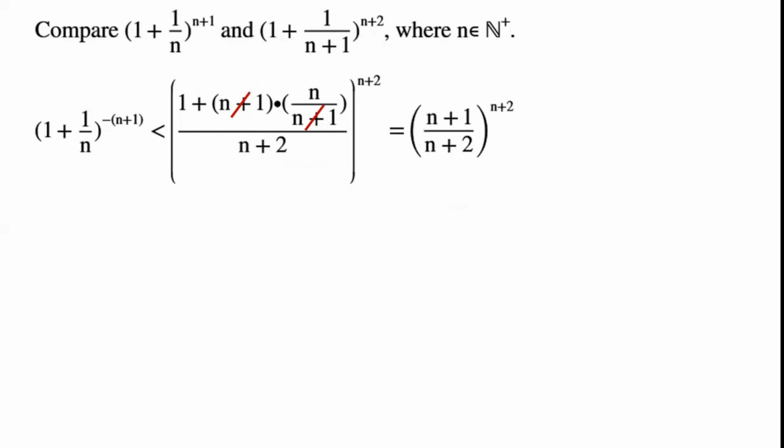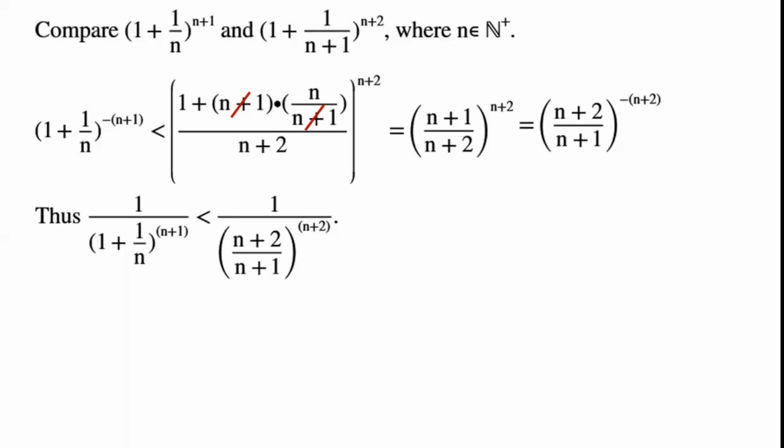So we can now write this equals ((n+1) over (n+2))^(n+2), which can be written as ((n+2) over (n+1))^(-(n+2)).